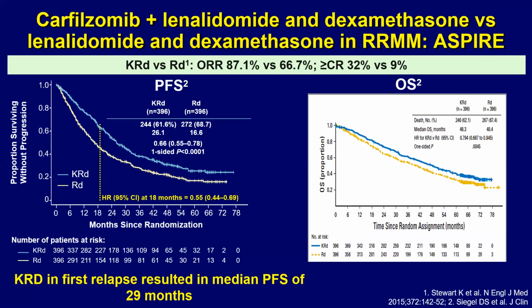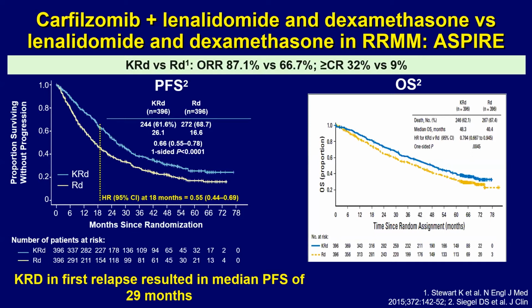Here, carfilzomib, which is a proteasome inhibitor, combined with lenalidomide and dexamethasone, again versus lenalidomide and dexamethasone. This is the ASPIRE trial, and it showed an overall response rate of 87.1% versus 66% in favor of the carfilzomib-RD combination.